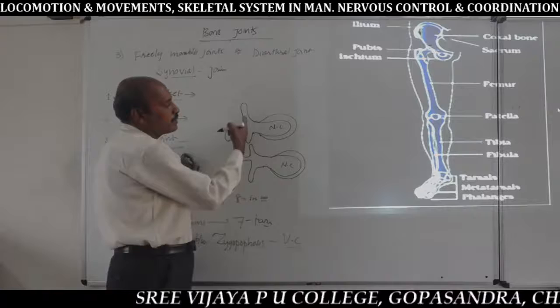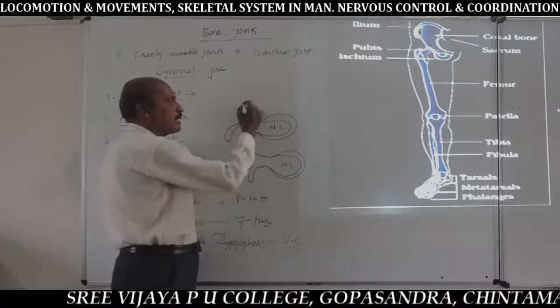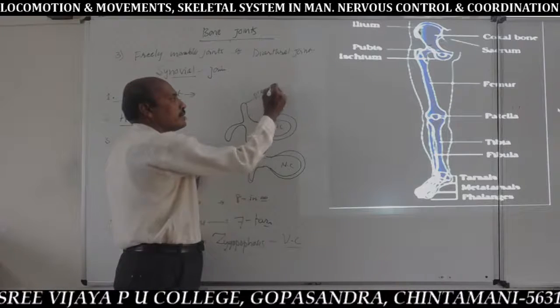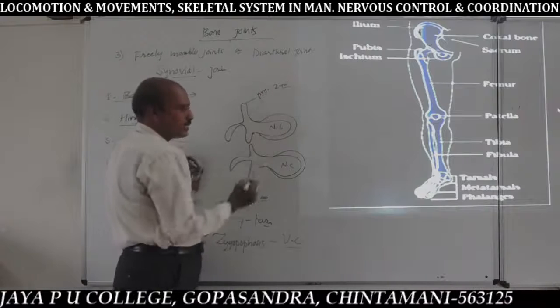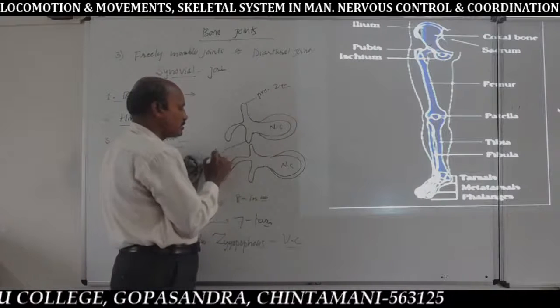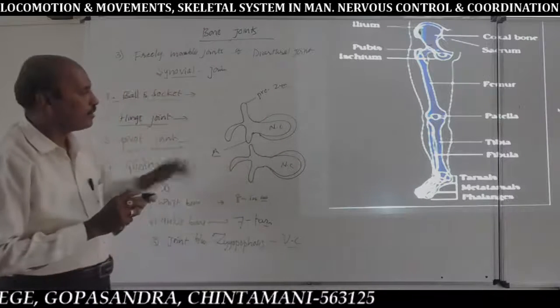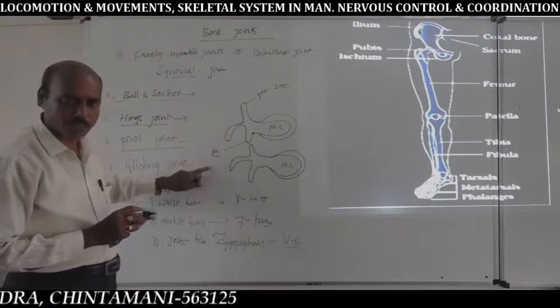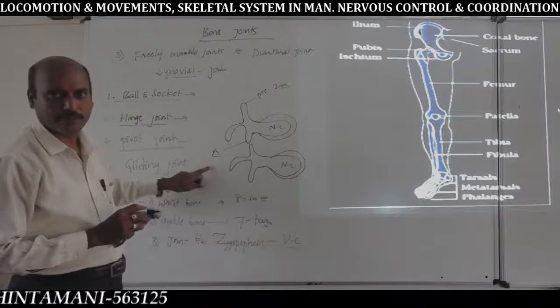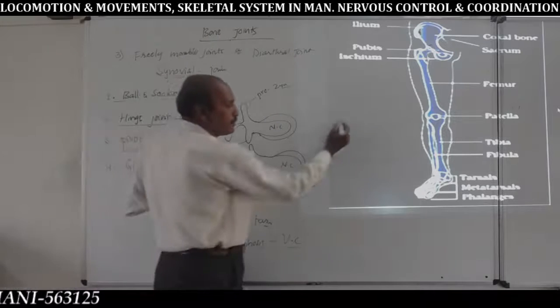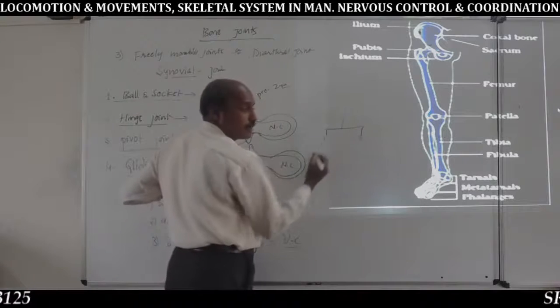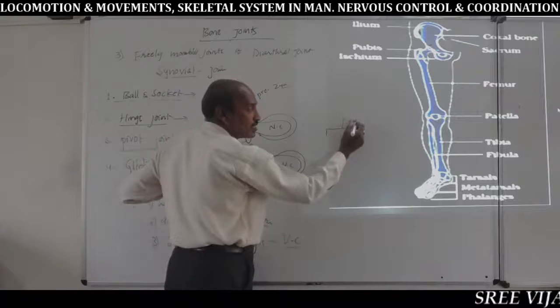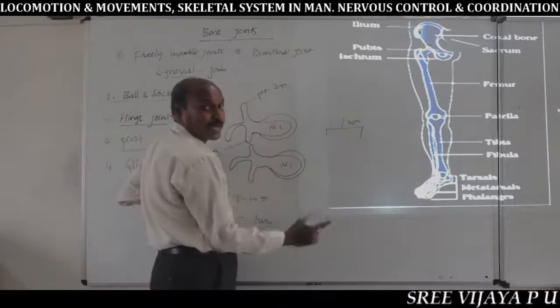These two projections are named pre-zygapophysis and post-zygapophysis. So the vertebral column contains a total of 3 joints.